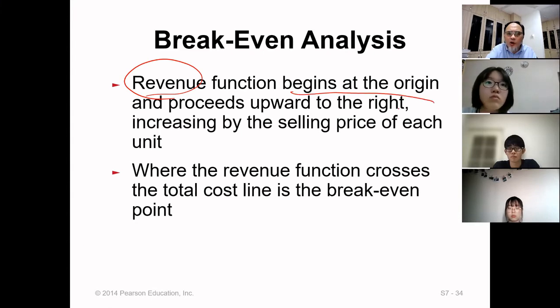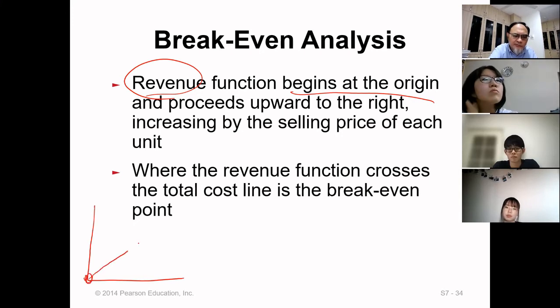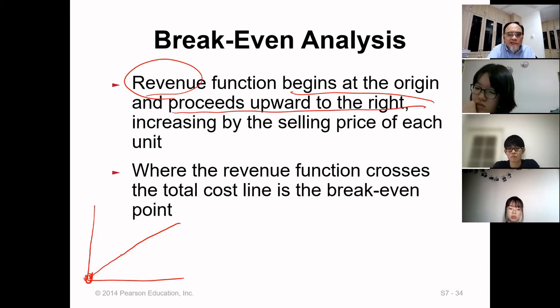It begins at the origin. When you say origin, it means on the graph, 0, x0, y0, and proceeds outward to the right, increasing by the selling price of each unit. This is the revenue line.